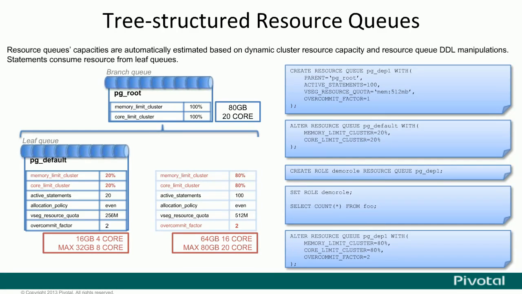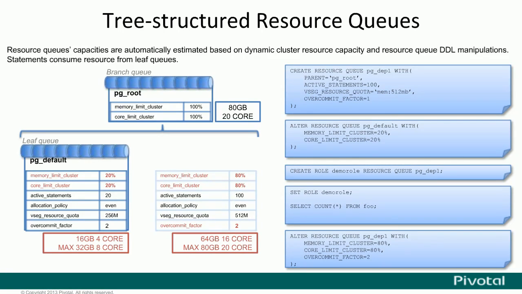So like Capacity Scheduler, these resource queues are also tree-based. So we have a PG root, which is really all the resources of the cluster. And then underneath that, I have a default queue. So everyone that's undefined will go into the default queue. And then everyone that is defined gets their resources defined in their queue.